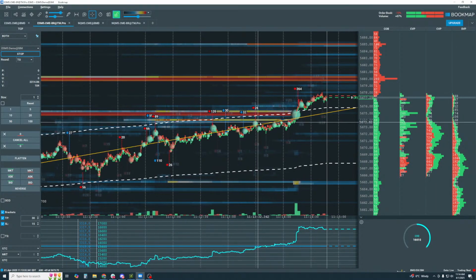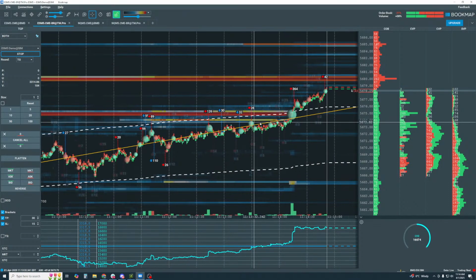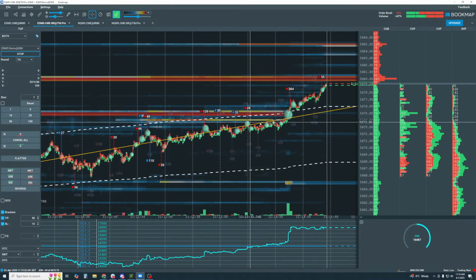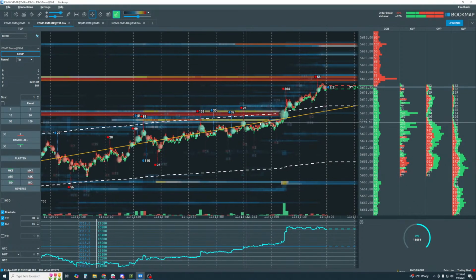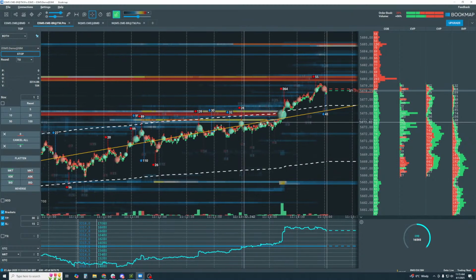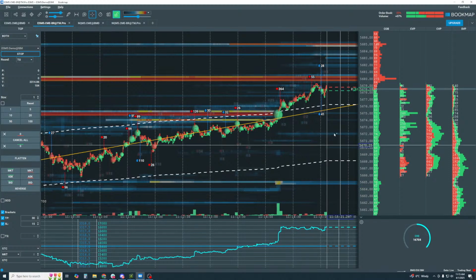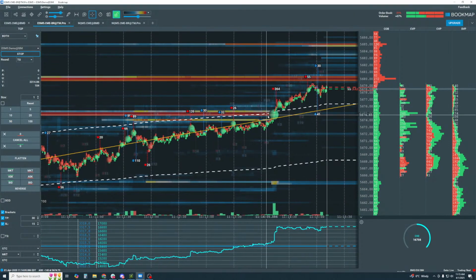Let's see. Question here. When the liquidity gets taken out and then retested, are you looking for continued selling? I'm not sure I quite follow. So let's suppose this liquidity was taken out here at 75, right?